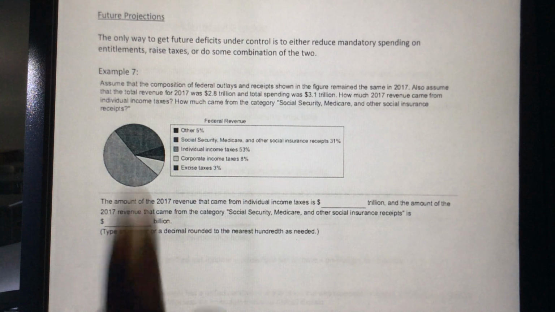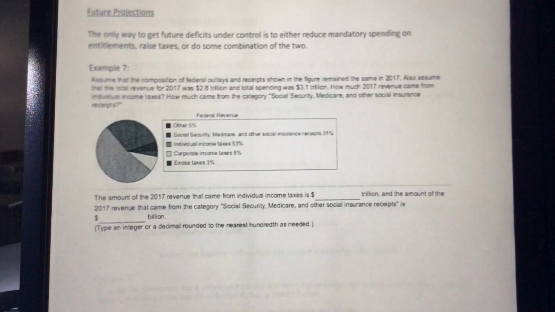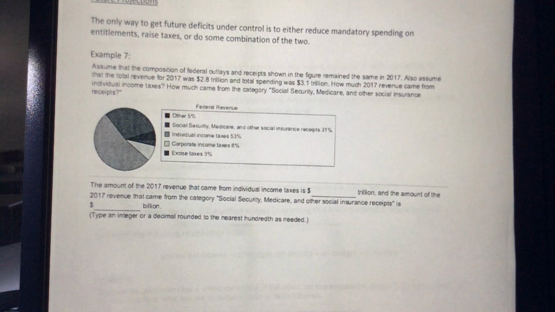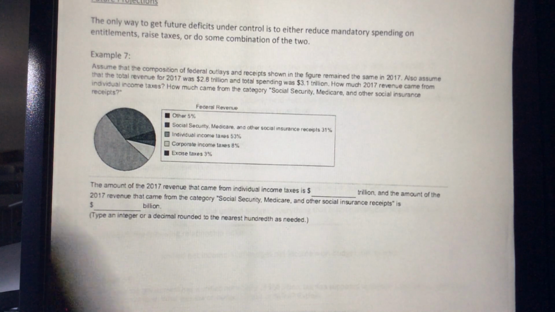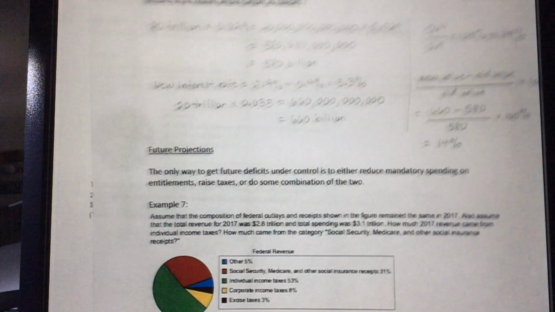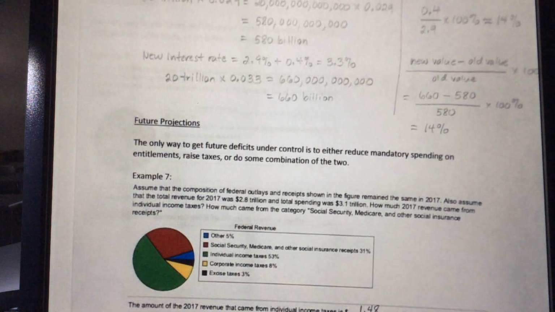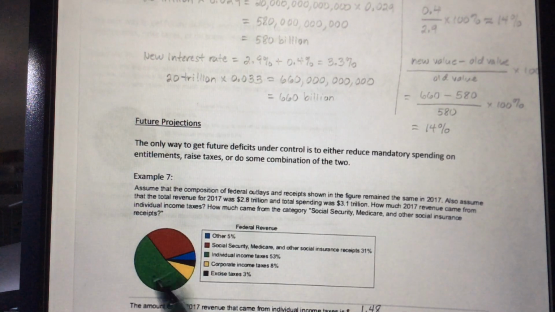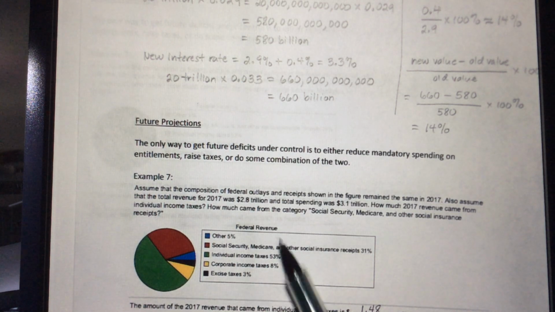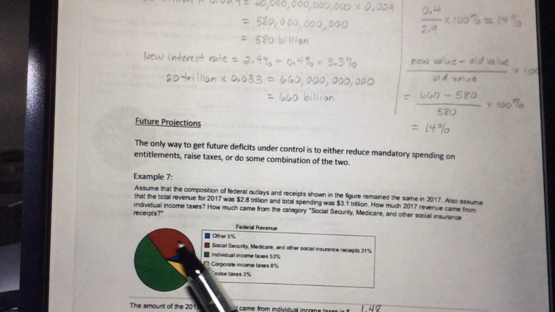Now here is a pie chart, and I realize that it is in black and white, but I am going to put this up here as one that's in color. You can see the green is from the individual income taxes, and they give the percent, 53%. The other is in that blue, 5%.